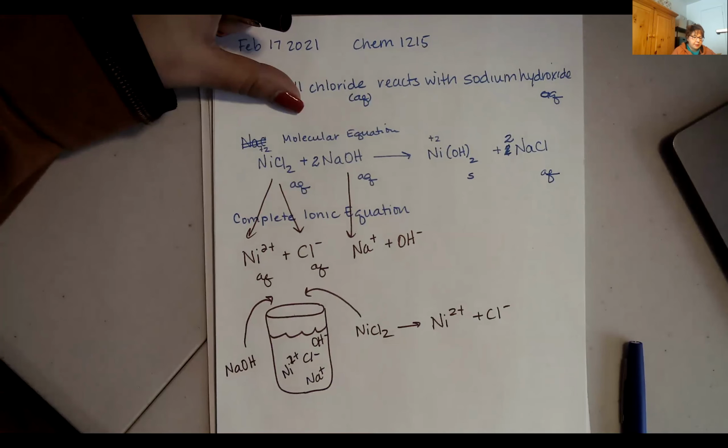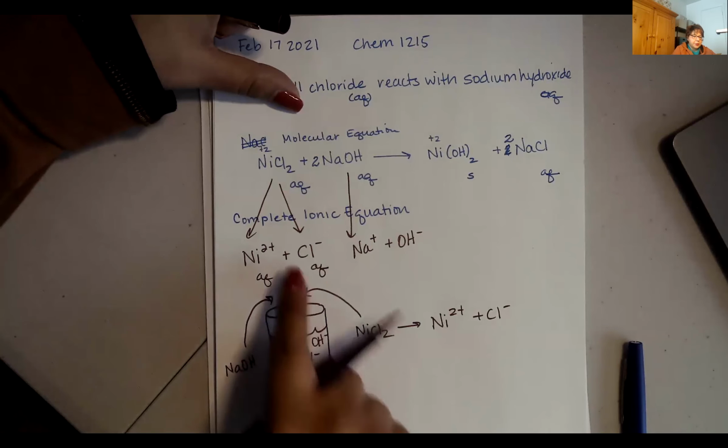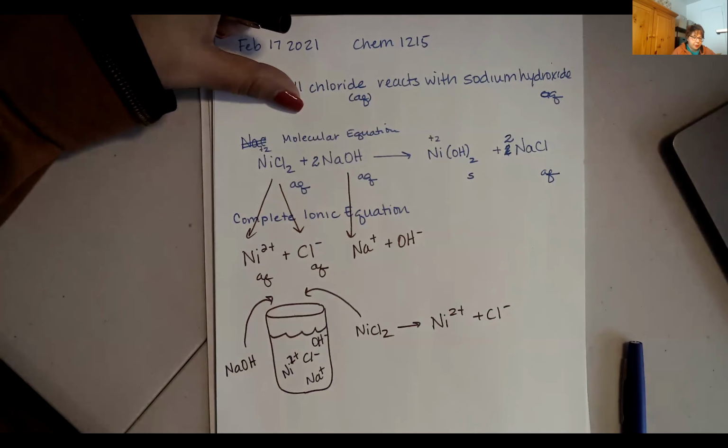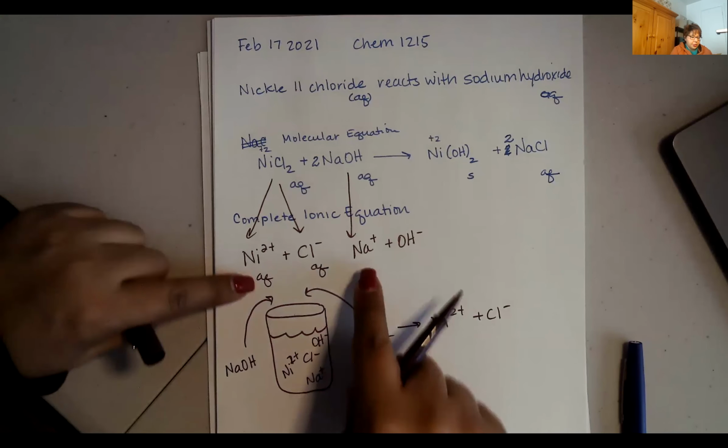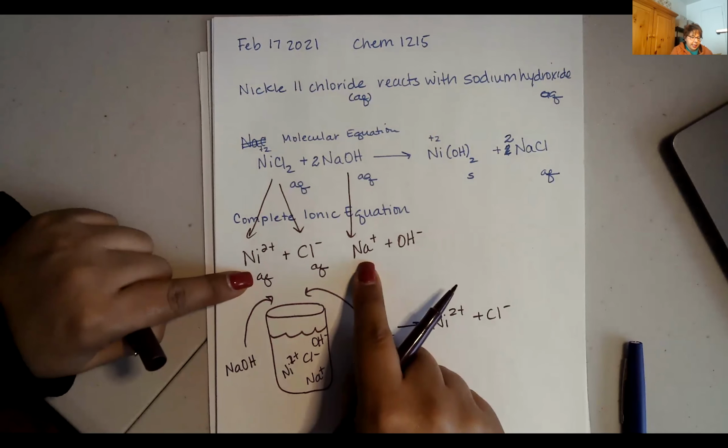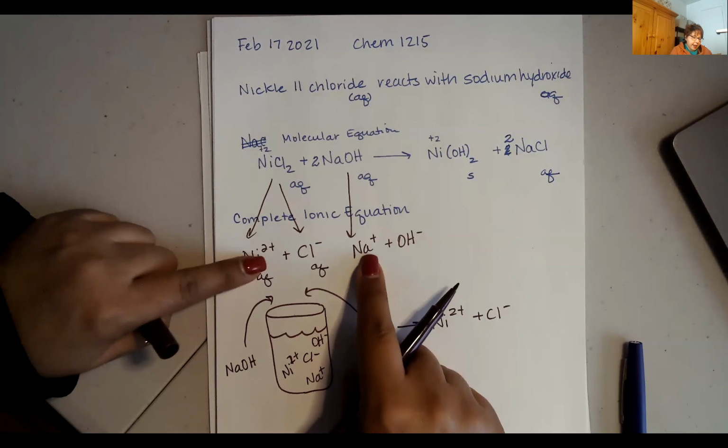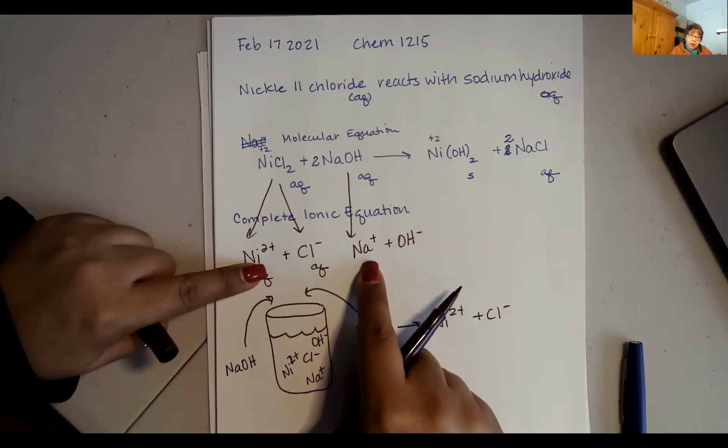Now, I'm going to leave these unbalanced for right now. But here's what's happening in the actual chemical reaction. The Na and the Ni don't really bump into each other because they have a similar positive charge.